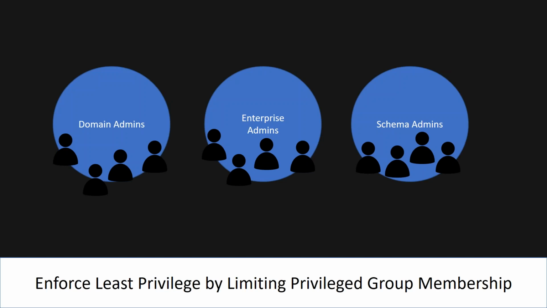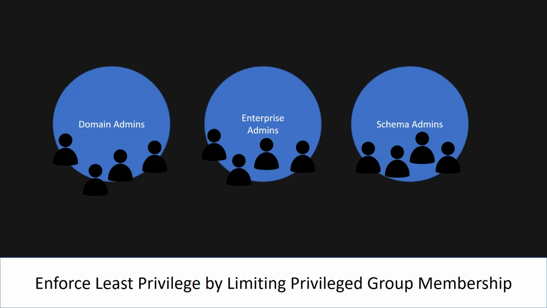But what do we have going on in most organizations? I don't know if your organization is like this, but if I go into a company, it's very often the case that there are lots of user accounts in the domain admins group. Now, of course, domain admins isn't the only privileged AD group. These are the 3 main privileged groups in Active Directory that you can see on the slide here, but they're also not the only ones.